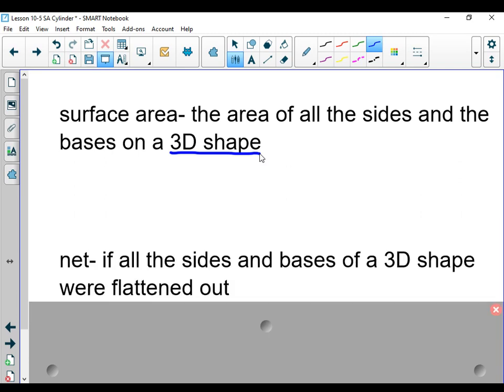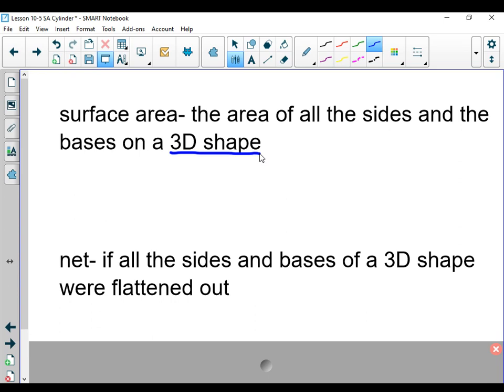And today, specifically, the net. So if all of the sides and bases of our shape were flattened out, that would be our net.